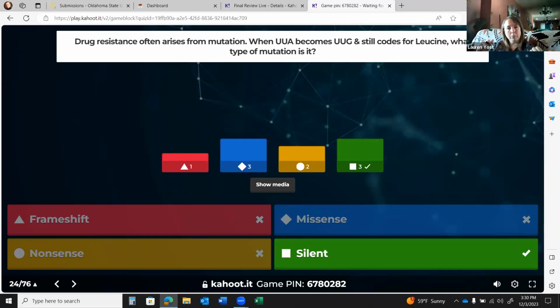Then we've got a problem called a frame shift mutation. If we delete, or add, a nucleotide, not an amino acid, sorry. If we delete a nucleotide, like it was UUA, instead of changing it to UUG, let's just delete the A and shift everything downstream up.